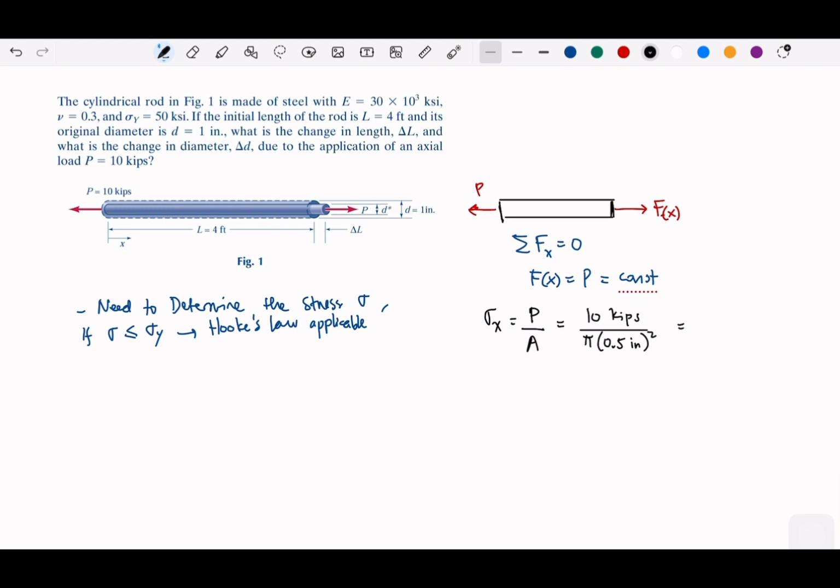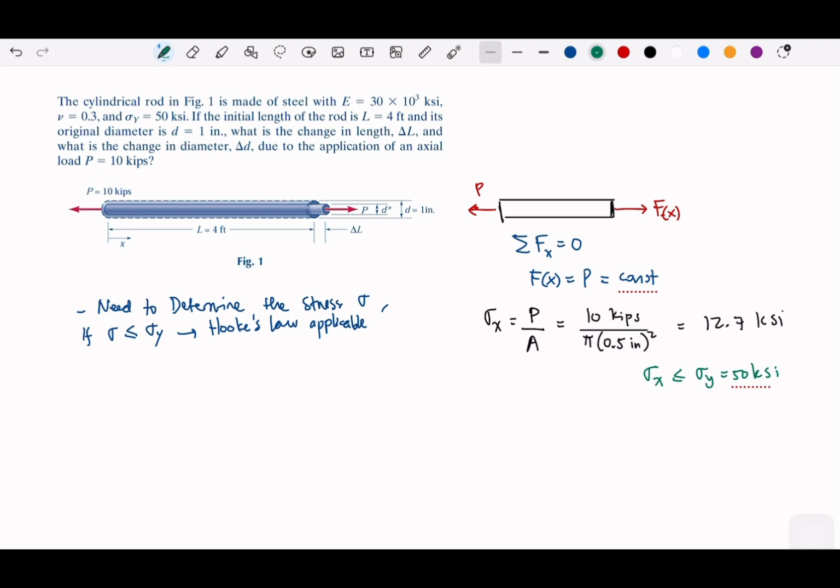So if we count, and I think I will trust the numbers here, but you could check, 10 divided by 0.25 multiplied by pi. This is around 12.7 KSI, which is going to be smaller than the sigma yield, which is 50 KSI, right?